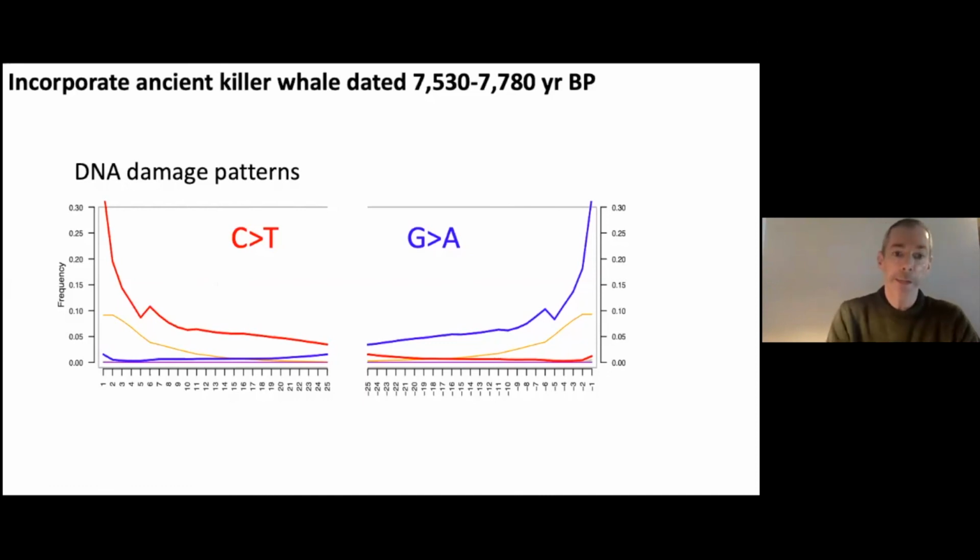So we get this excess of C to T changes. We can see here a big proportion of T's where we expect a C based on the reference. And we see the reverse complement of that at the 3' end. So we see these G's to A's. Because of that, we have to exclude all transitions from the analysis, and we just work with transversions.